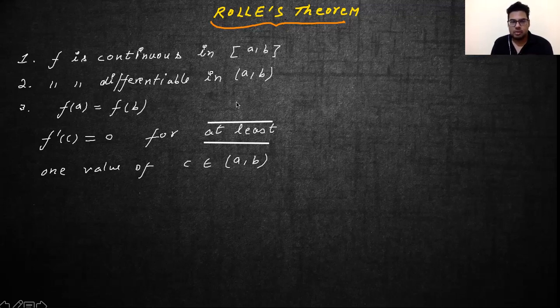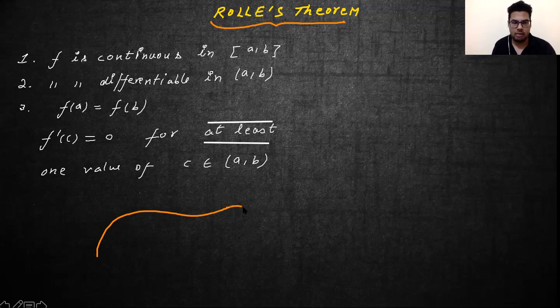But to understand this for a while, before that example, let us say we have any curve, right? So let us draw any curve. If you draw any curve which is continuous and differentiable in these closed and open intervals, let us say we have this curve. Now, it is saying that f of a equals f of b.